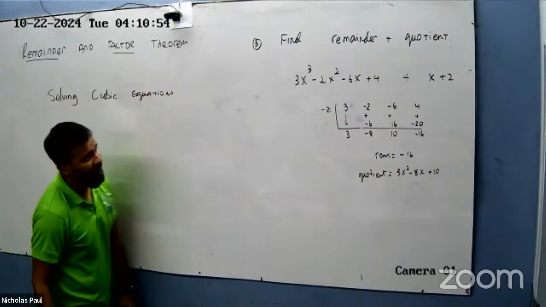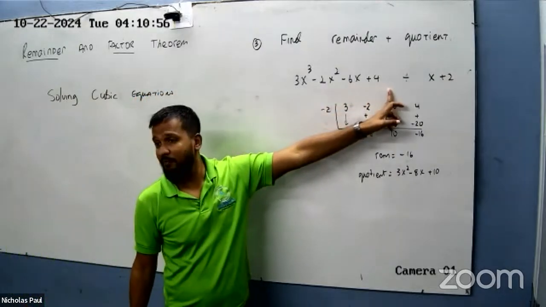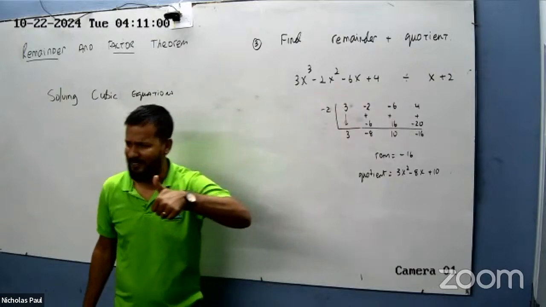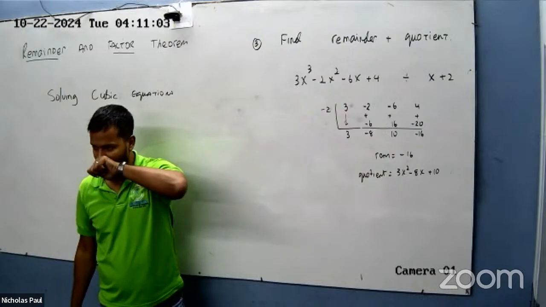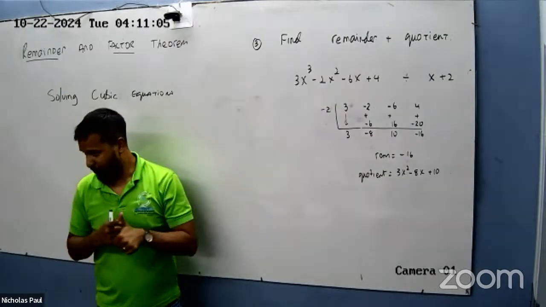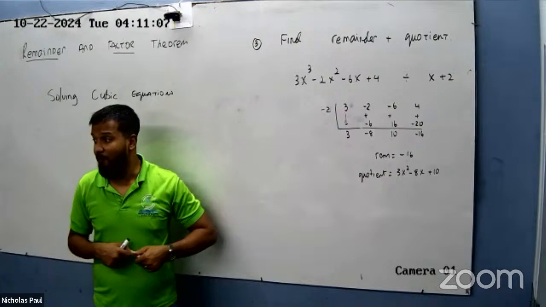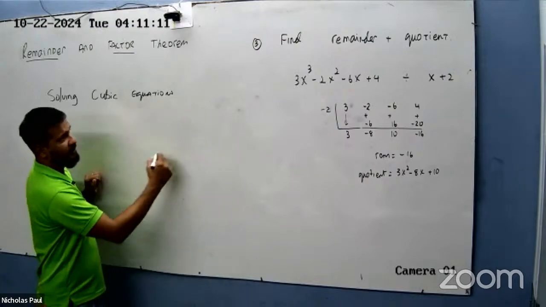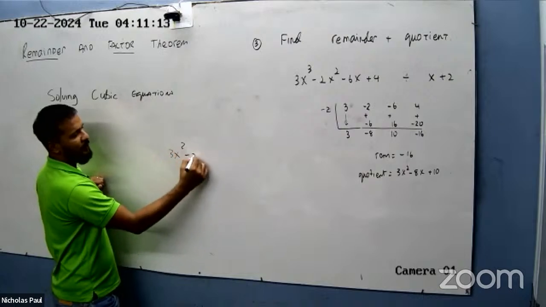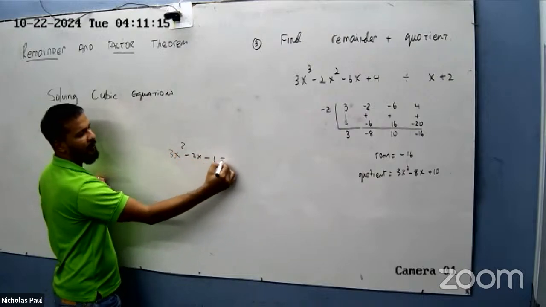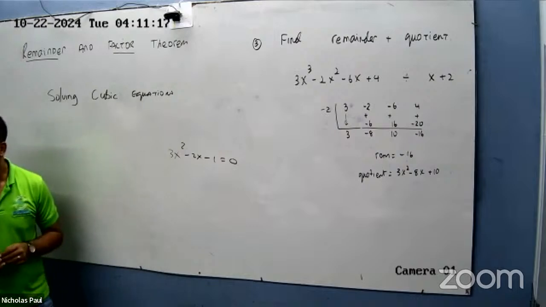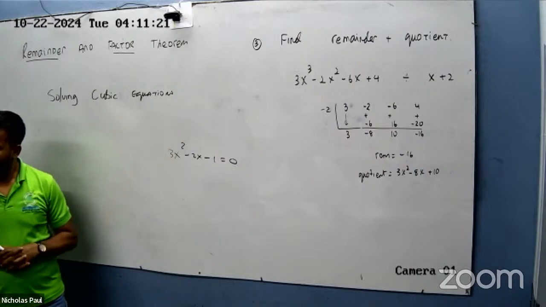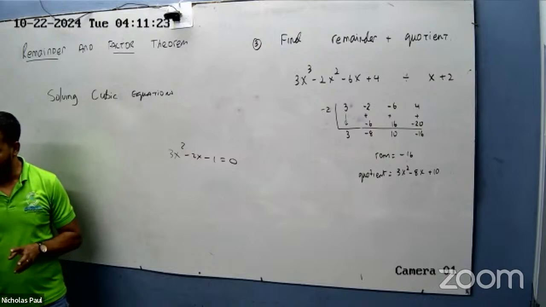So if I said solve this equal to 0, how do you solve a cubic? How do you solve a quadratic again? If I said solve 3x squared minus 2x minus 1, that is general form.